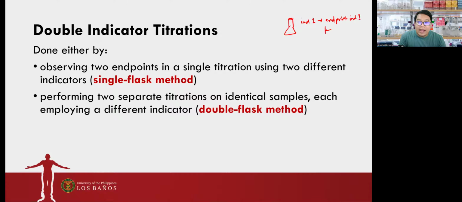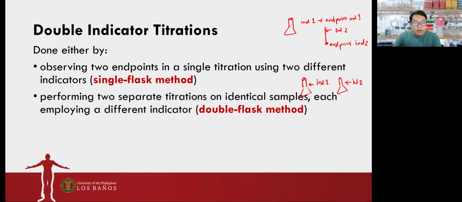By then, we will add indicator 2 until we reach the endpoint of indicator 2. Okay? Then sa double flask method naman, we make use of two separate flasks. So yung flask 1, dito natin ilalagay si indicator 1. Then si flask 2, dyan natin ilalagay si indicator 2. Then we will have to compare the volume used during the titration.